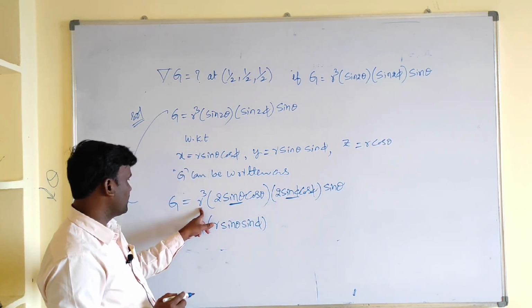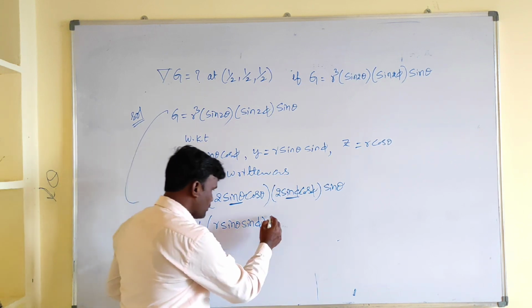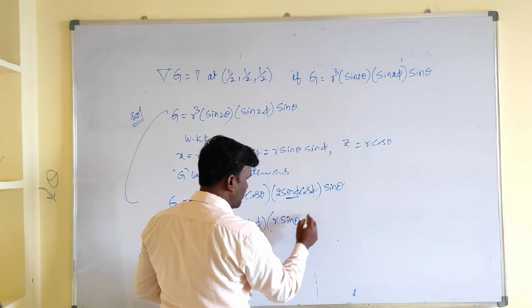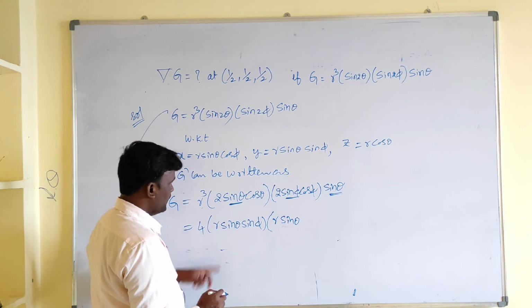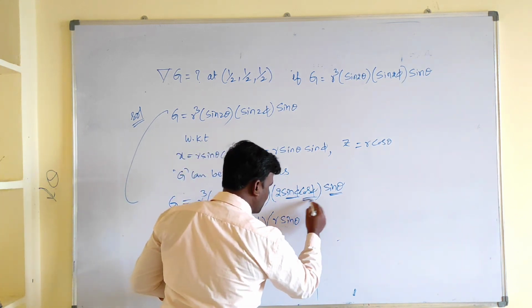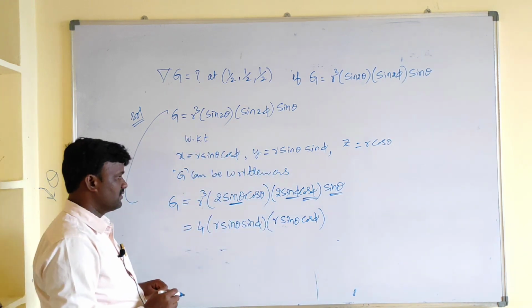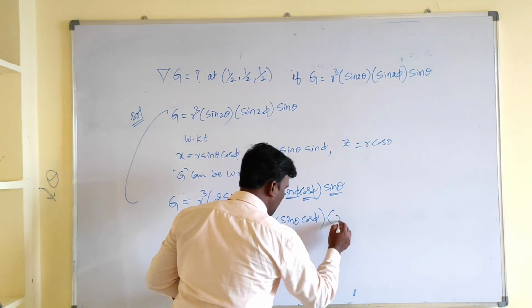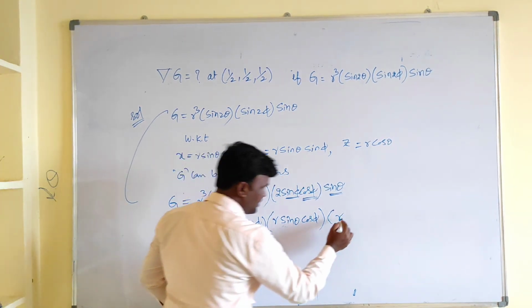Take one of the R, since here I have R cube, meaning R into R square, so from that R square I can take one R. I consider this sin theta also, into cos pi. So for the second term I consider like this. And what about the remaining term? R into R square is over, the remaining term is R, and the leftover term is cos theta.